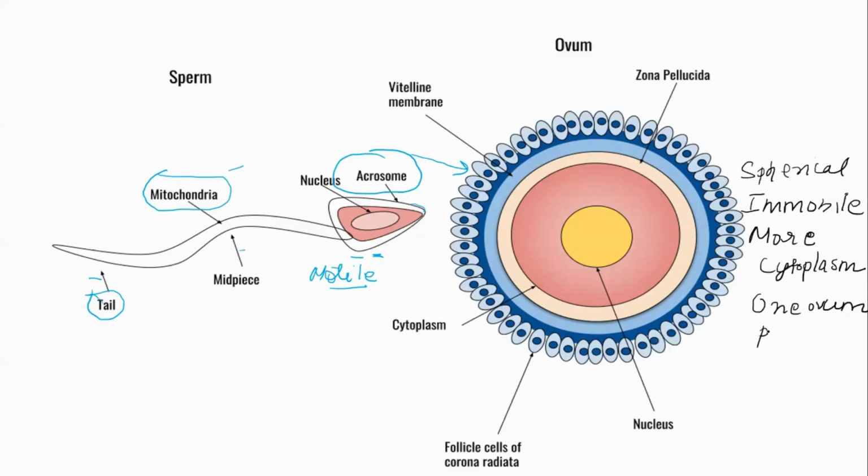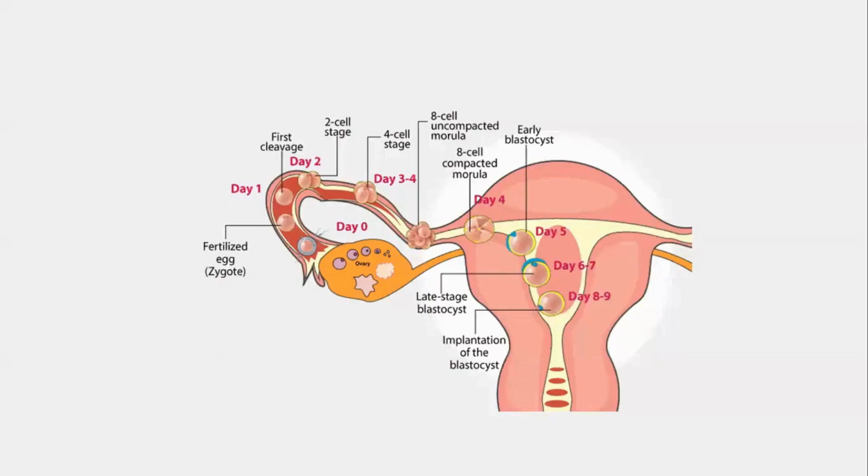So one ovum is produced at a time. So these are the significant differences between ovum and the sperm, which are often asked in 2 markers, 3 markers. I hope you are clear with the differences. Okay, please write correct keywords if you want to score points.